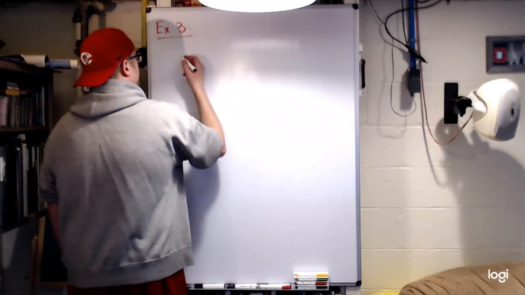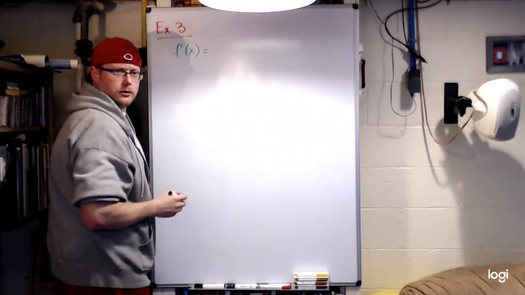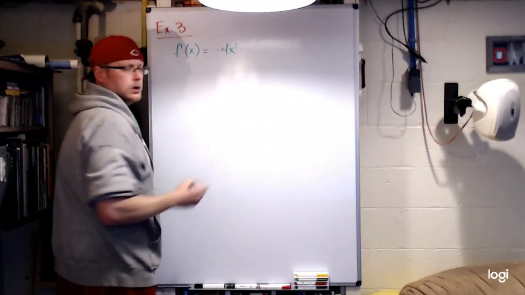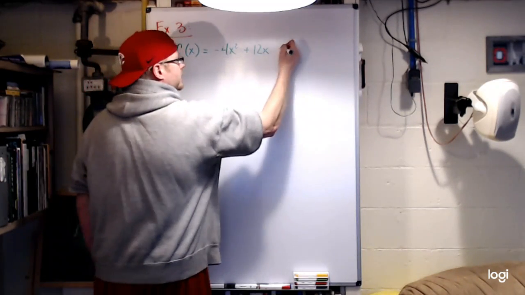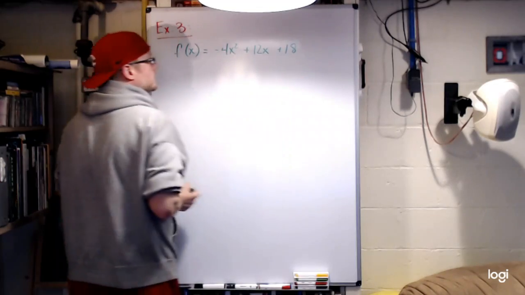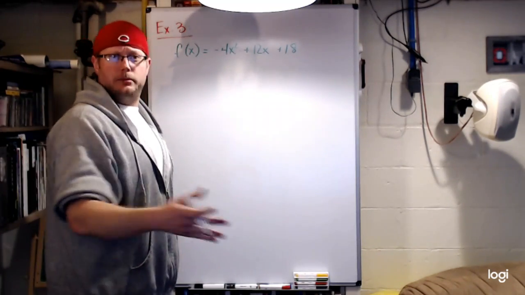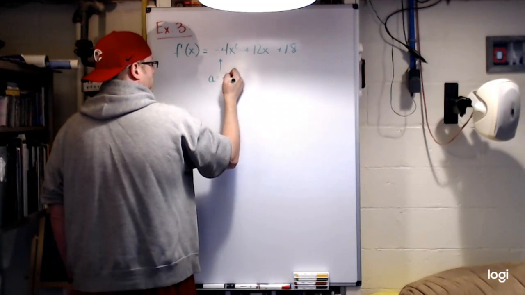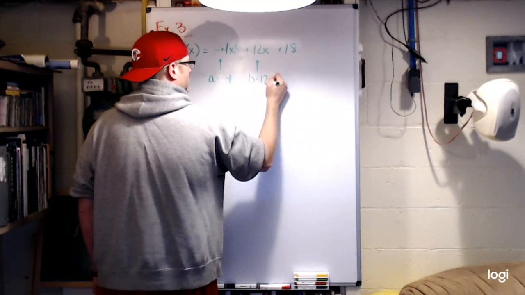So let's look at the function. We have f of x equals negative 4x squared plus 12x plus 18. I'm going to go ahead and identify A, B, and C. A in this case is negative 4. B is 12.